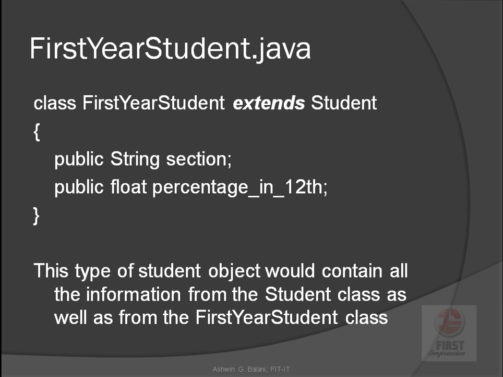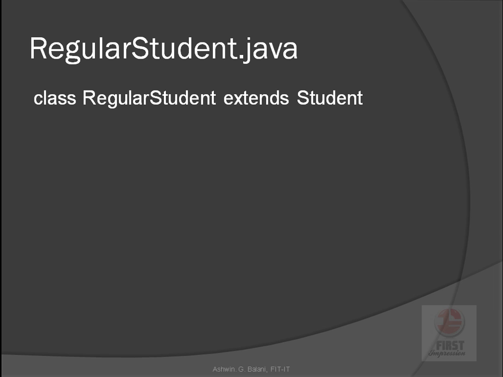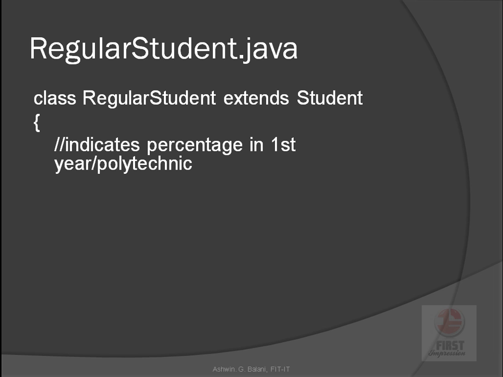That is fine. Now let's move towards the RegularStudent class. Let's have a class RegularStudent extends Student. So we have to create a new class in Java with the name RegularStudent, and as soon as we say extends Student, this indicates that this class will be an extension of the Student class. This double slash indicates a comment, and we are saying in the comment that it indicates percentage in first year of the Polytechnic.